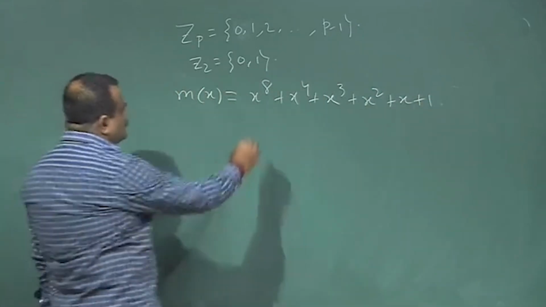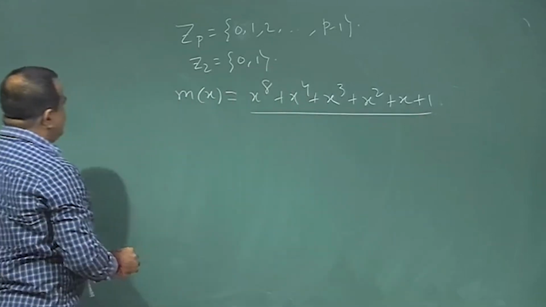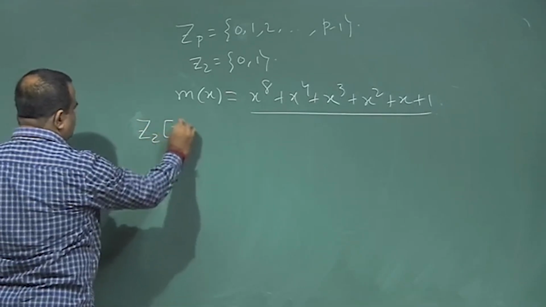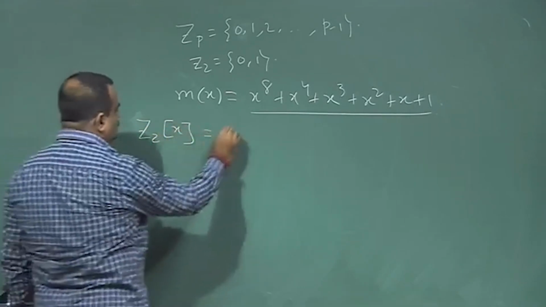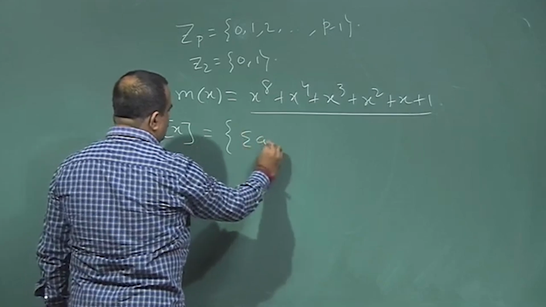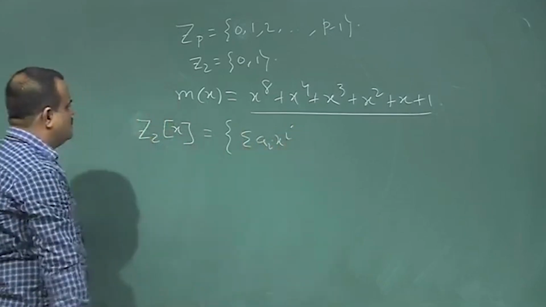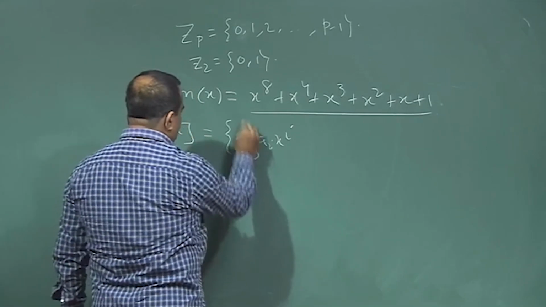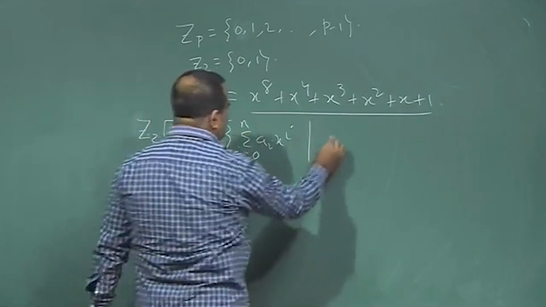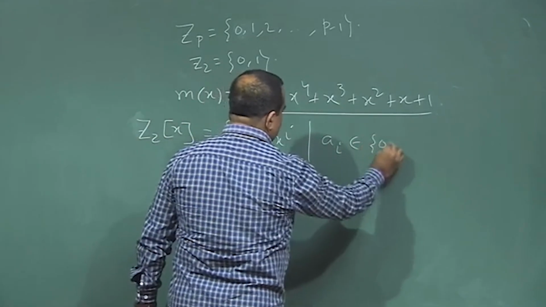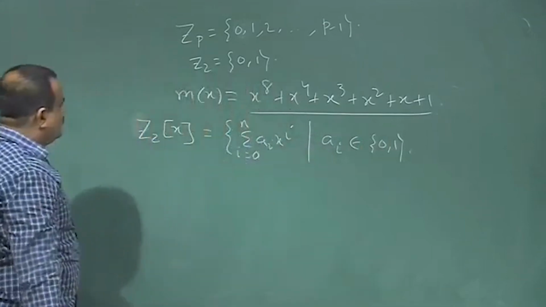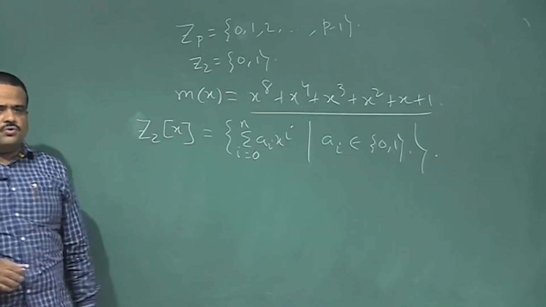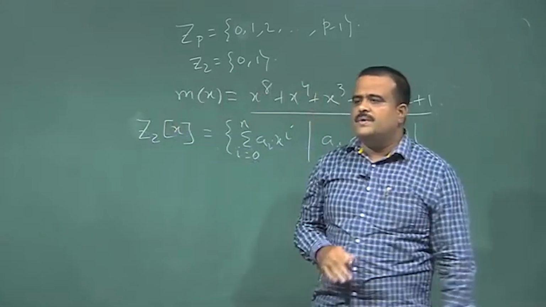Okay, so now let us consider all the polynomials, which is Z_2[x]. Z_2[x] is the set of all polynomials, the summation of a_i x to the power i, where i goes from 0 to n, could be anything, and the a_i's come from Z_2. So, we take all possible polynomials whose coefficients are 0 or 1 and which are of any degree.